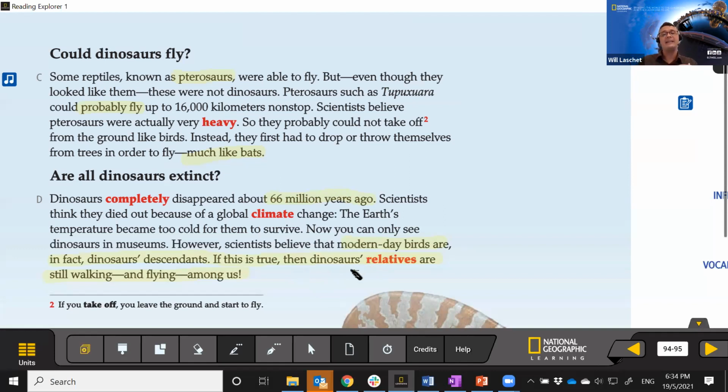So we can say that they did not die out, their family tree still continues today. So are all dinosaurs extinct? Well, we can say the dinosaurs disappeared, but their line has continued to today, and we can still see them today in modern day birds.